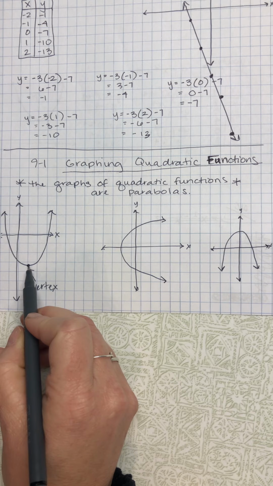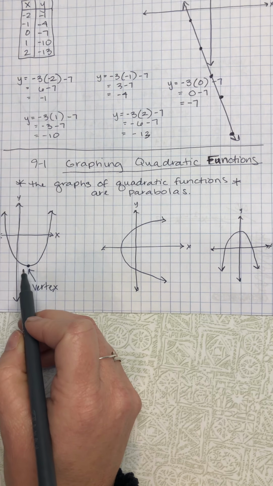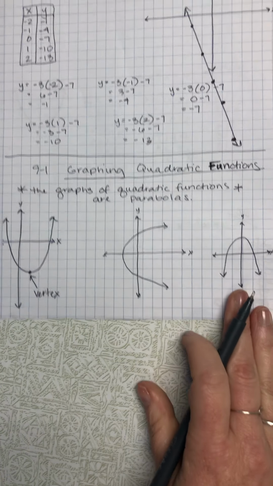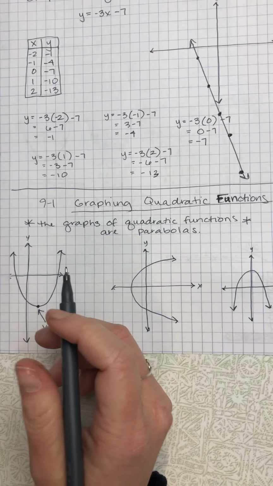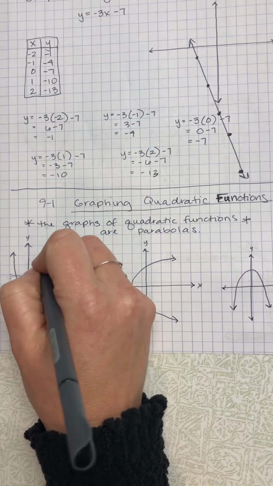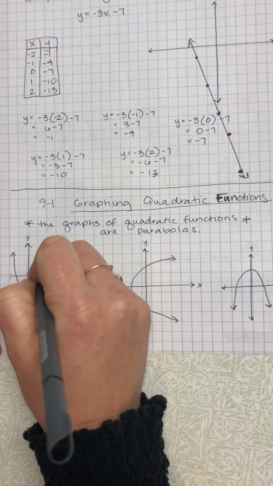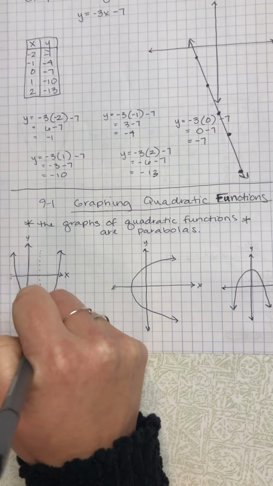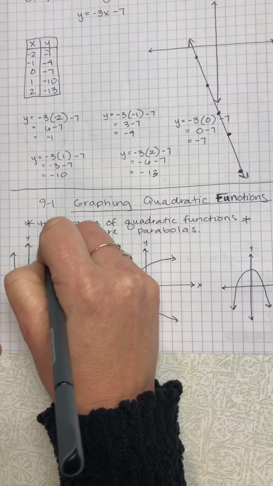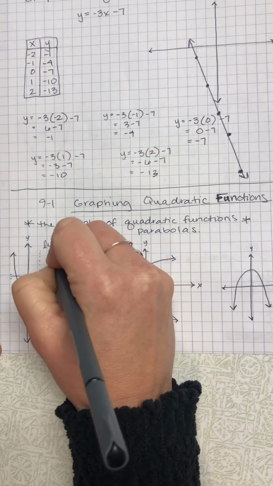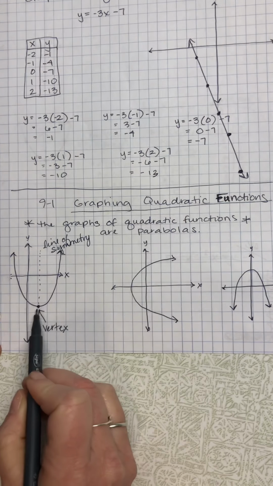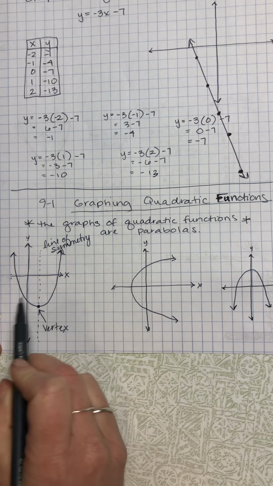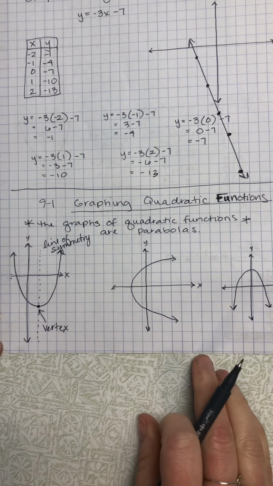The point where they start and go from is called the vertex. At that location, you get the line of symmetry. So from that, they should be the same on both sides. The line of symmetry, that's what cuts it in half.